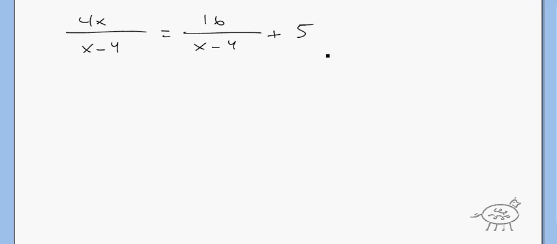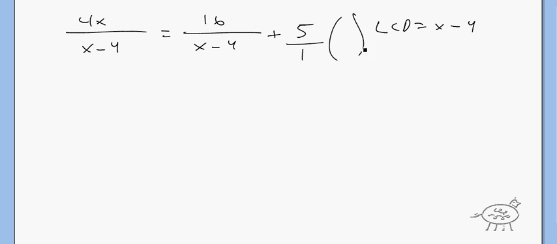Okay, last example. 4x over x minus 4 equals 16 over x minus 4 plus 5. Well, that's kind of nice. Over 1, the LCD is equal to x minus 4.